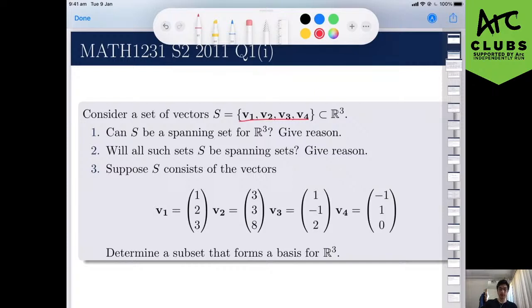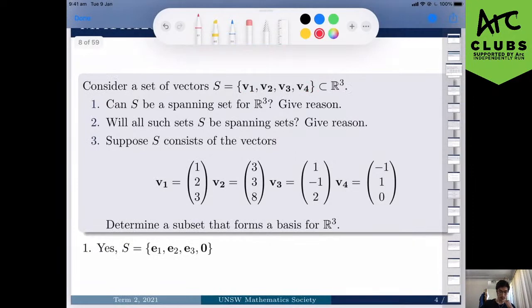And I guess the basic idea is that R3 has dimension 3, so it can be spanned by 4 vectors. Or it can be spanned by any set with at least 3 vectors, given that the 3 vectors are linearly independent. With 4 vectors, you can have one that is doing nothing much. So I think the best way to answer that question is to just provide an example.